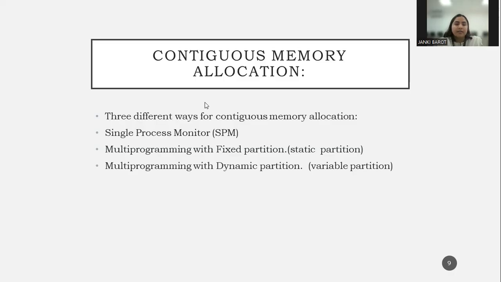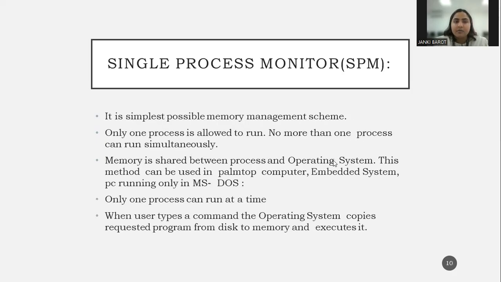Contiguous memory allocation has three different ways. First is single process monitor, then multiprogramming with fixed partition, and multiprogramming with dynamic partition. They are also called static partition and variable partition. Let's see single process monitor.